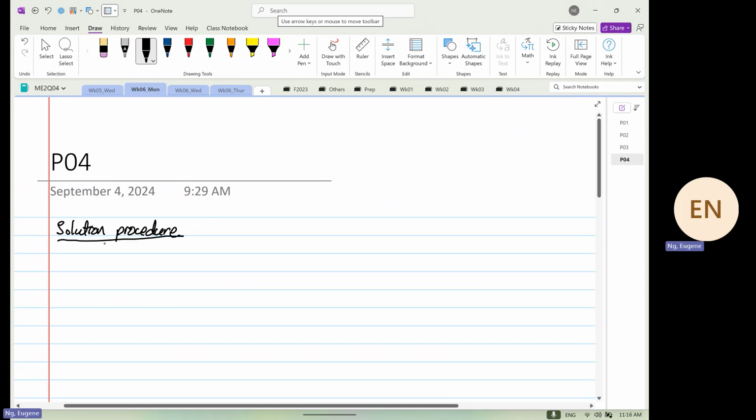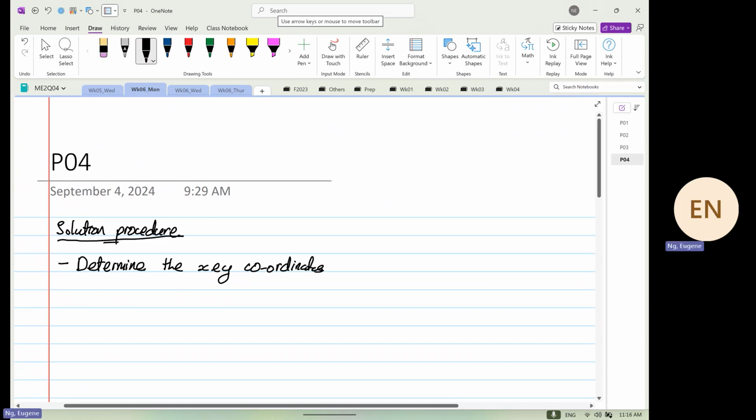So if you were to follow this procedure, first we have to determine the X and Y coordinates first.